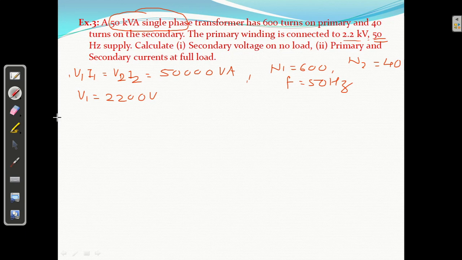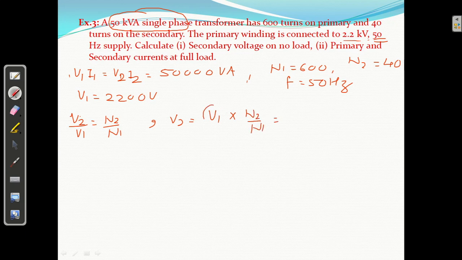Secondary voltage. So we know V2 upon V1, that is N2 upon N1 equal to E2 upon E1. If ideal transformer is there, V2 upon V1 equal to N2 upon N1. So we have to find secondary voltage at no load. So V2 upon V1 equal to N2 upon N1. Okay, so V2 equal to V1 into N2 upon N1.